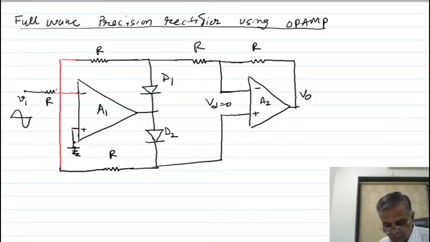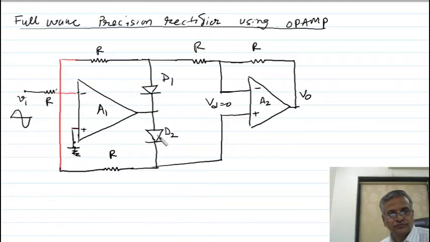Why? Input is positive. You have given the input to the inverting terminal. So the output of the op-amp will be negative. The output of A1 will be negative. This negative is connected to the cathode of diode D1. As a result, this will conduct, this does not conduct.